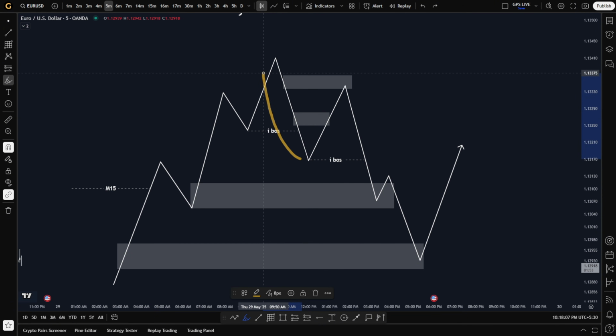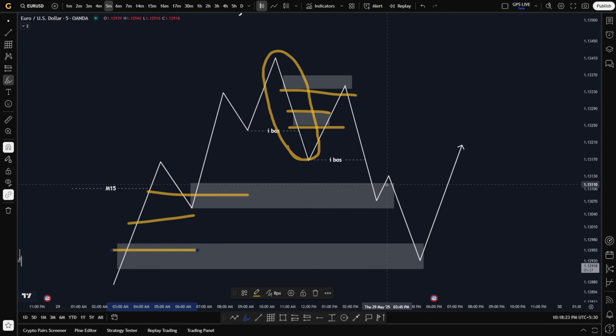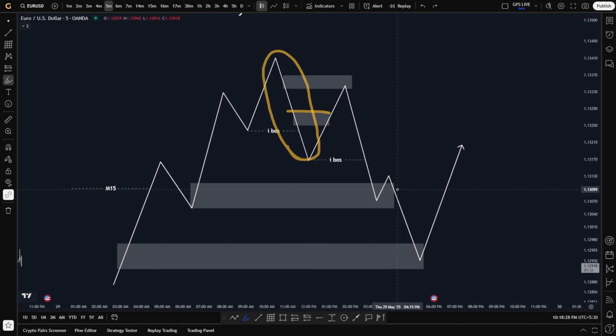So now we are focusing on this internal structure and we are filtering order blocks in this internal structure. Like I say, there are only two strong order blocks present in every single structure. Be it this structure, be it this structure, be it this structure, there are only two strong order blocks every point in time, all right?